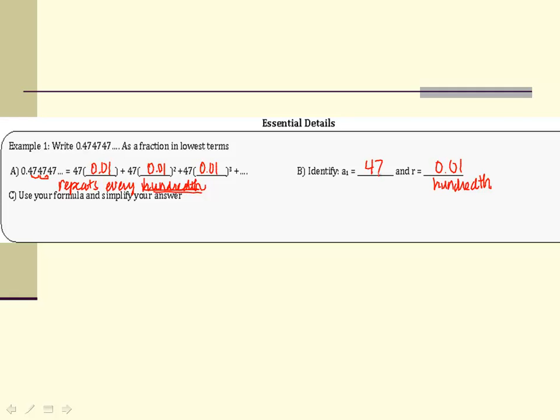So is this r between -1 and 1? The answer is yes. So we can use our infinite sum formula, where we take 47, which is our first term, over 1 minus 0.01.